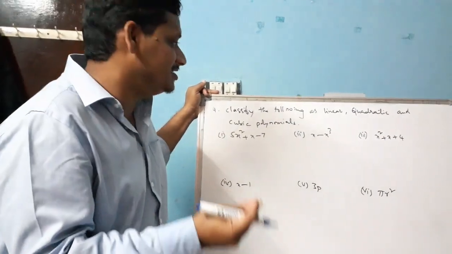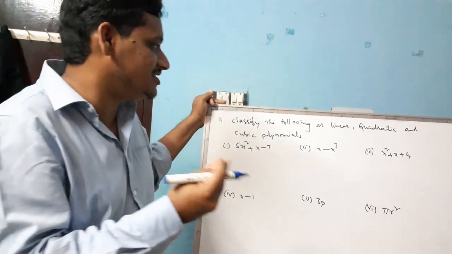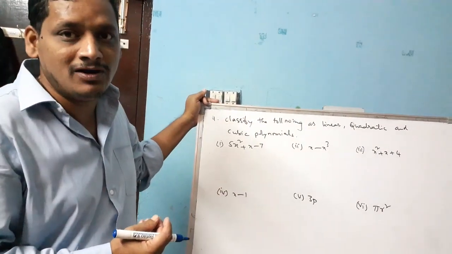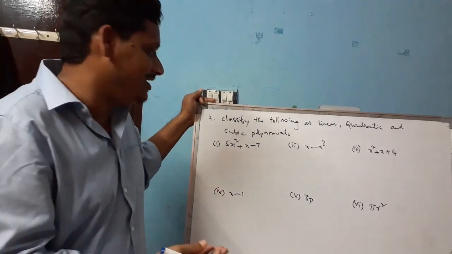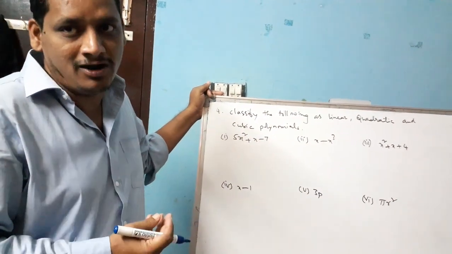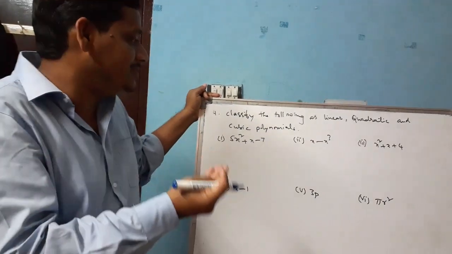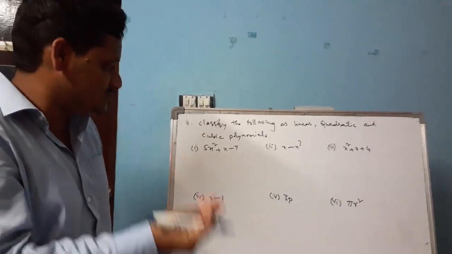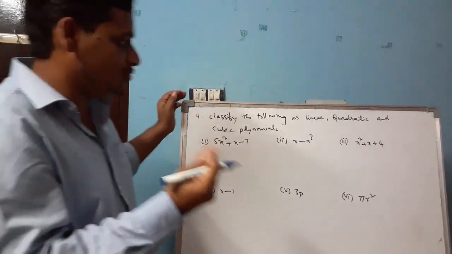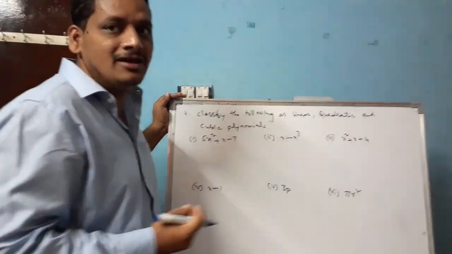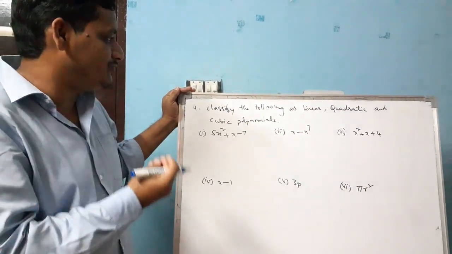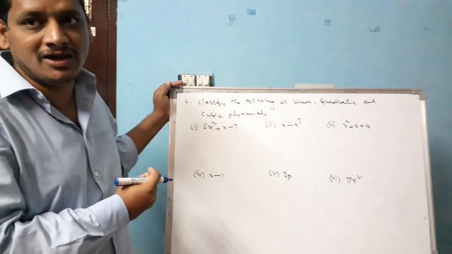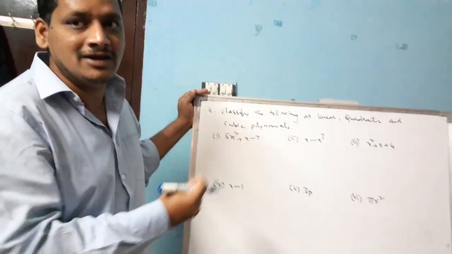Degree 1 is called a linear polynomial. If the degree is 2, it is called a quadratic polynomial. If the degree is 3, it is known as a cubic polynomial. So now we have to check the degree of the polynomial. If the degree is 1, it is linear, degree 2 quadratic, degree 3 cubic polynomial. First of all we have to find the degree of the polynomial. Later we can name that polynomial.